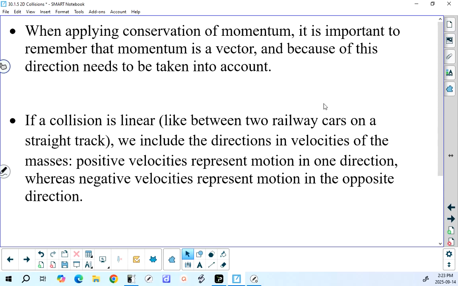And the recoil velocity of the rifle would be negative. Typically, we use north as positive and south as negative, if that's the dimension. If the dimension that we're dealing with is east-west, we typically choose east as positive and west as negative.